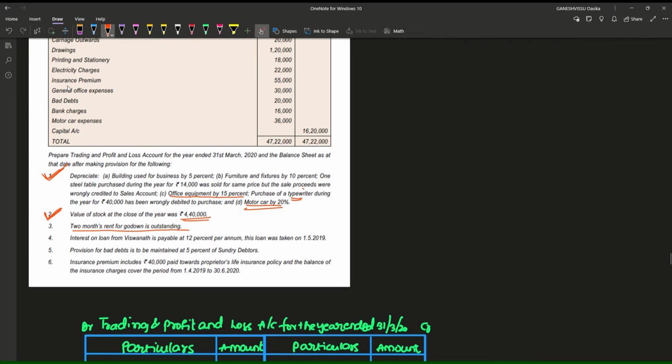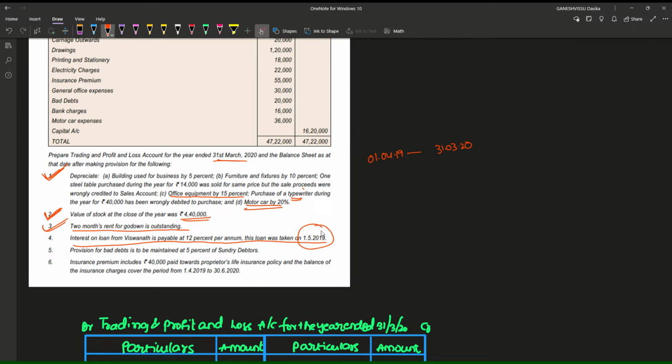Let us see. And now comes the third adjustment. Interest on loan from Vishwanath is payable at 12% per annum, but this loan was taken on 1/5/2019, and we have closed the books of accounts on 31st March 2020. That means the financial year would be 1/4/2019 to 31st March 2020.